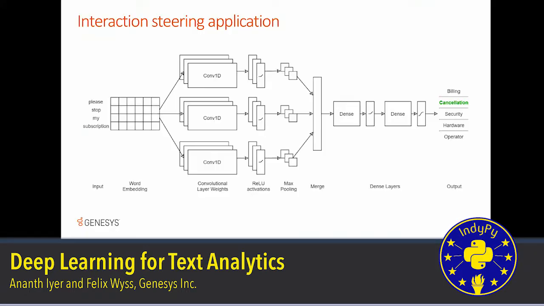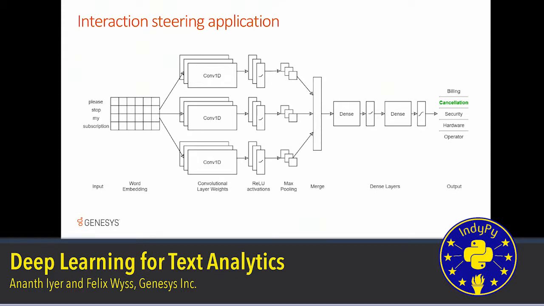And so this is an application we built, and I'd like to share what the overall architecture is. So this is an interaction steering application. What I mean by that is, somebody will be talking to a bot. They'll come and say, hey, please cancel my subscription.